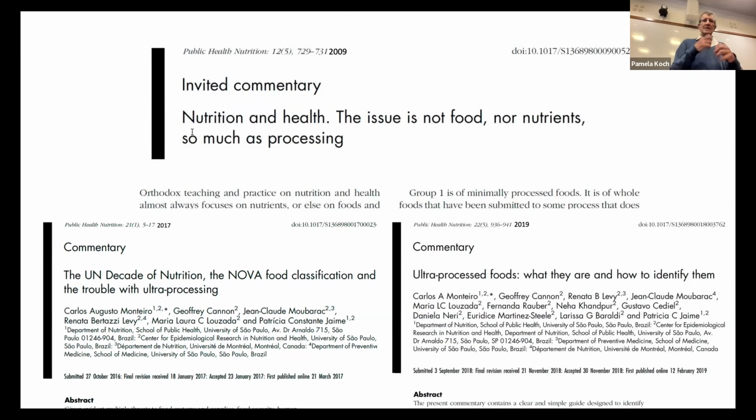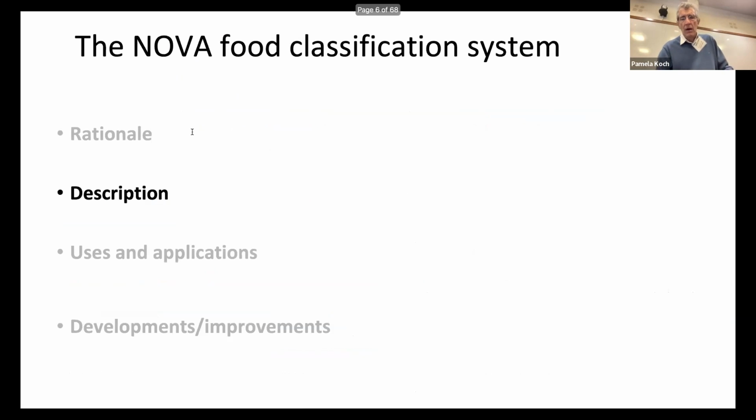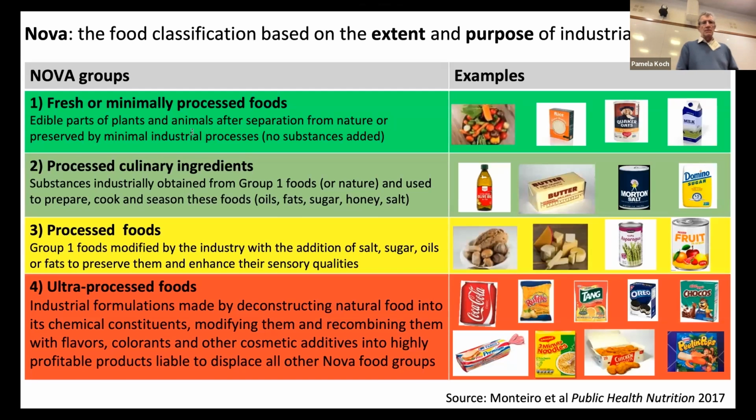I will not go into such detail on the NOVA food classification system, first because I think many of you know already the classification. There are papers that describe the classification in detail. But I'll give you some more relevant information about NOVA.